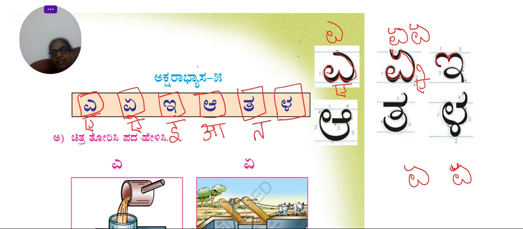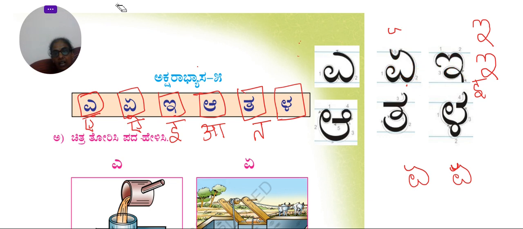Next, this is E. So you start like this, and once again start like this and do this. So this is E. We have seen A, A, E. I'll just write it once again.